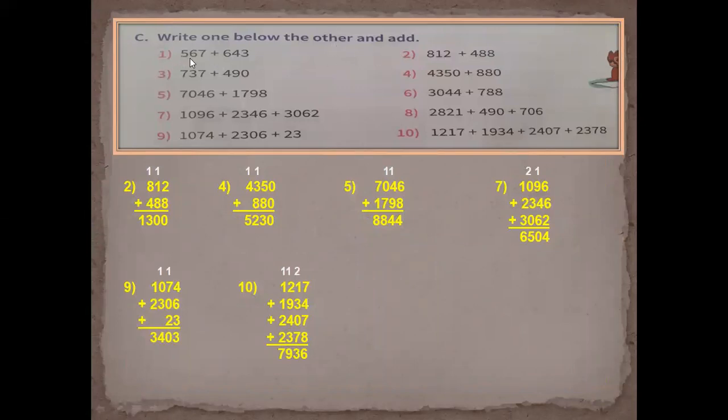Okay. First one, 567 plus 643 you have to do. See second one, 812 plus 488. First we have to write those numbers one below the other and then we have to add.